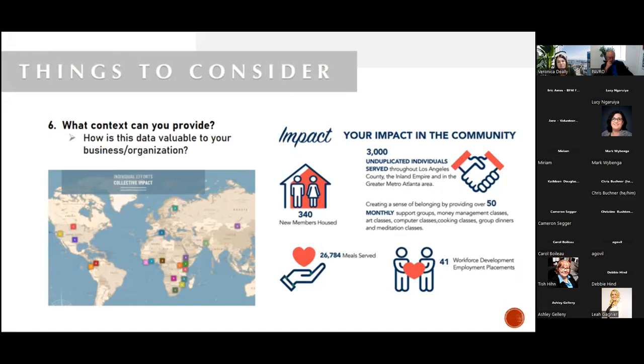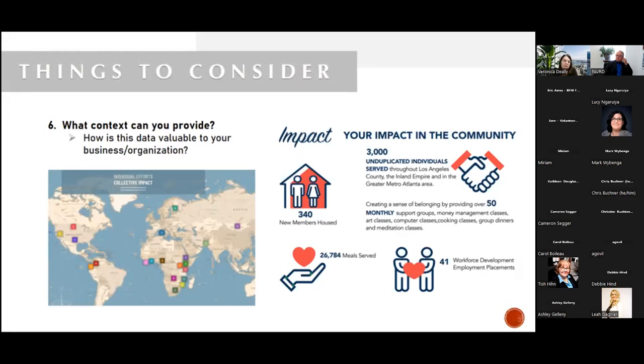In these two examples, these organizations choose impact and how their impact is affecting the world and their communities. So along with other visuals, they share a more insightful story. Next to it, they craft the right narrative and make it easy for the audience to understand what they're trying to tell them. So again, two very simple examples and very different ways of sharing. The example on the left-hand side is a collective impact.